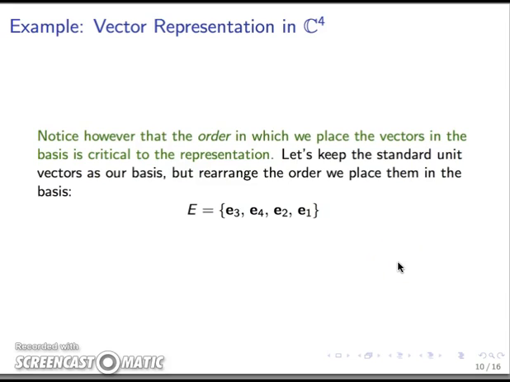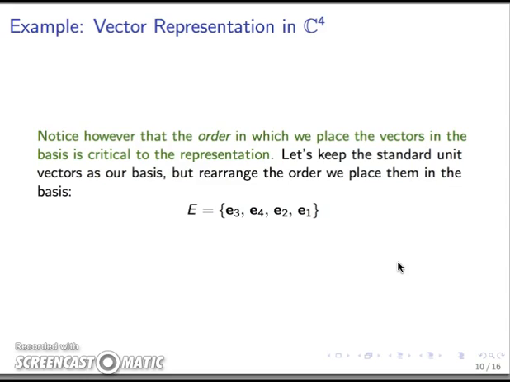So one thing to note is that the order in which the basis members are listed matters, okay? So consider now a set that contains the same elements as the set D, the standard unit vectors, but they are now listed in a different order, okay? So order matters here.